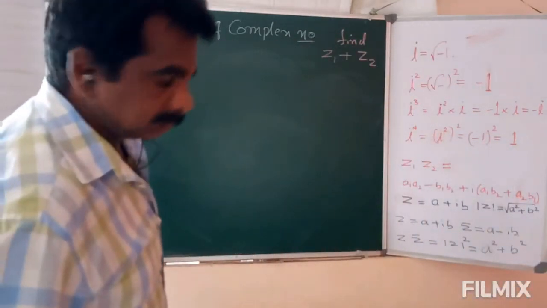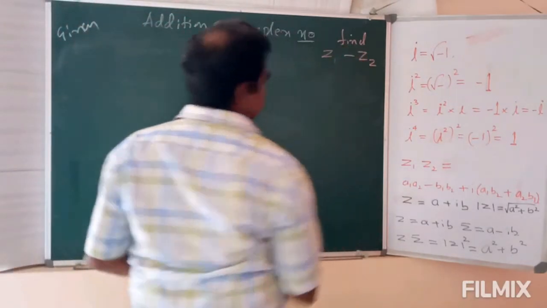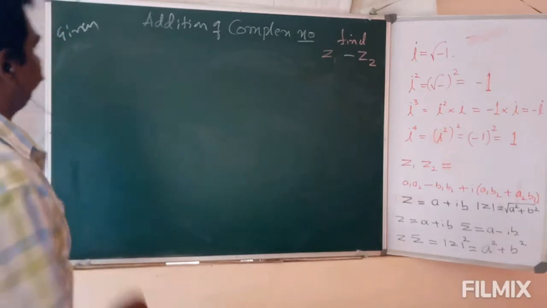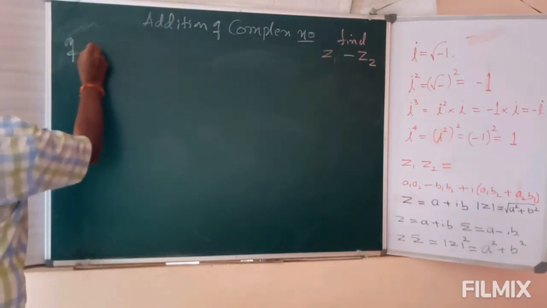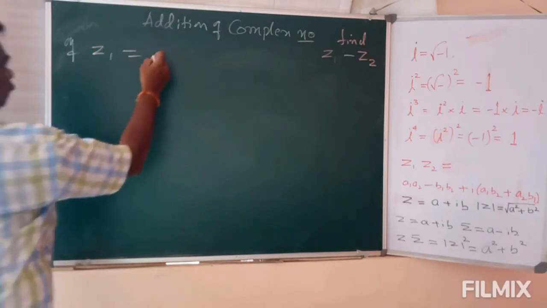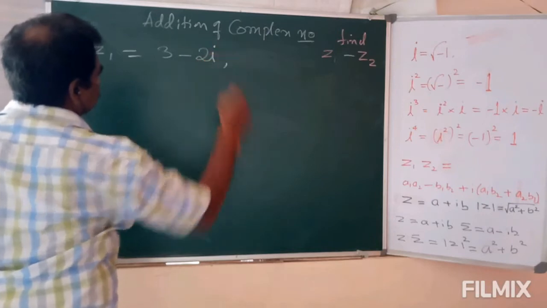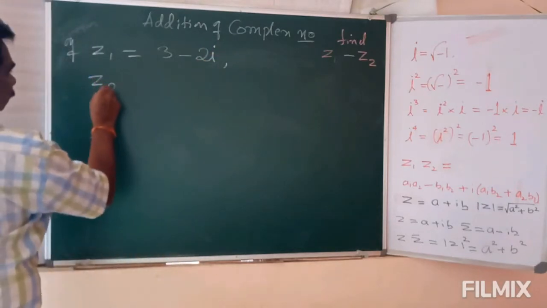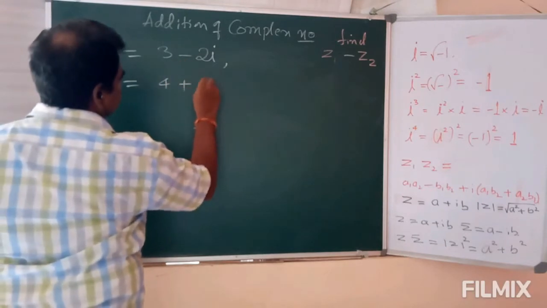Find Z1 minus Z2, if Z1 is equal to 3 minus 2i, Z2 is equal to 4 plus 7i.